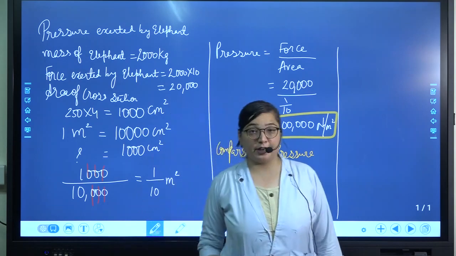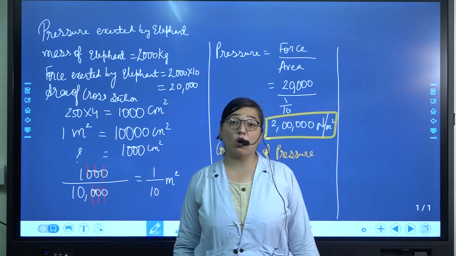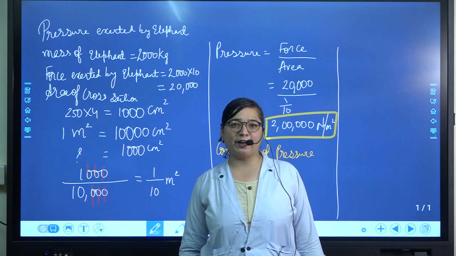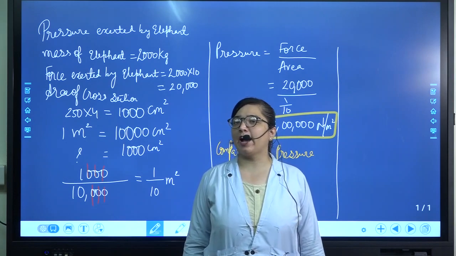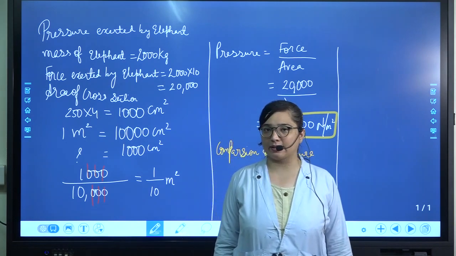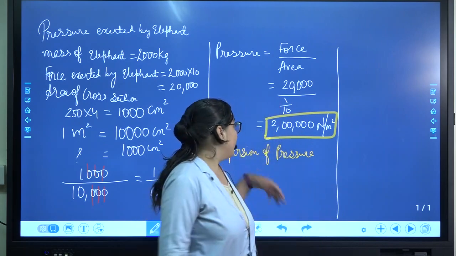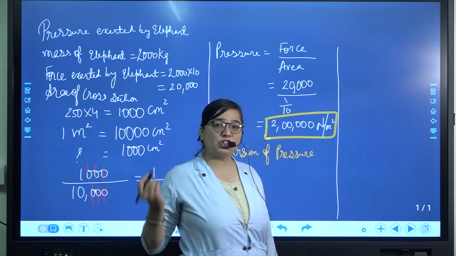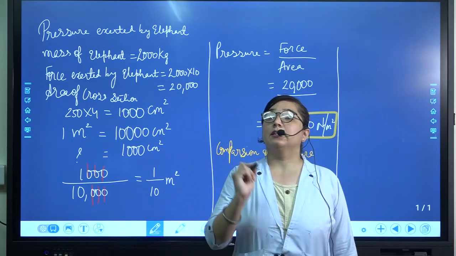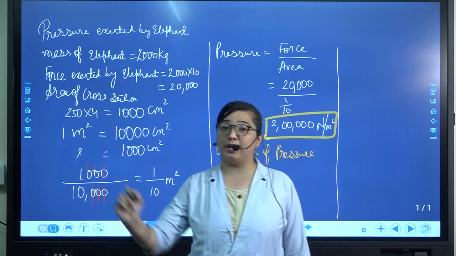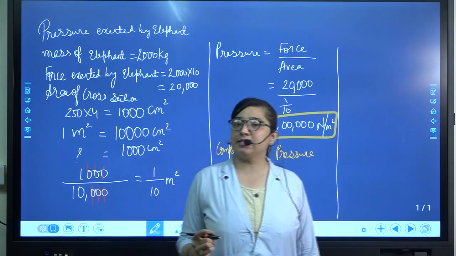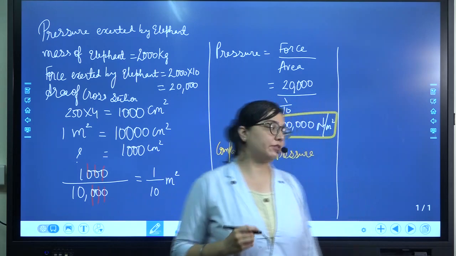Which one is the bigger value, 25 lakh or 2 lakh? You already know that 25 lakh is more than 2 lakh. So, we are going to find out how many times more pressure is exerted by the girl as compared to the elephant.